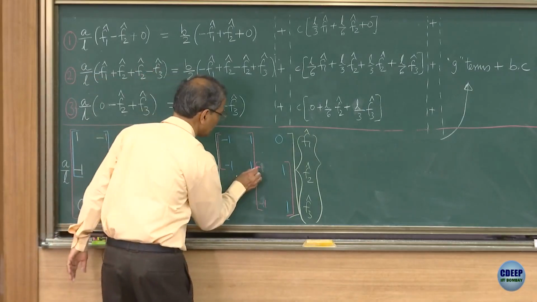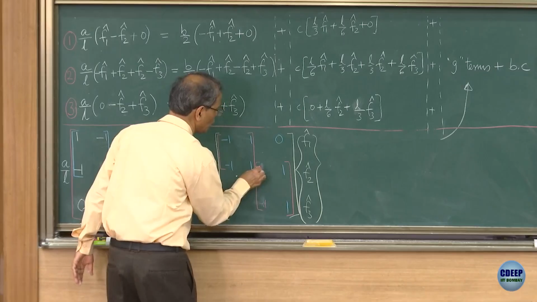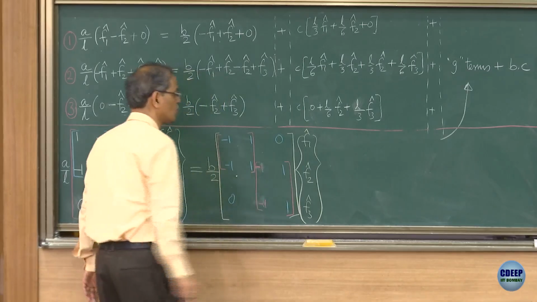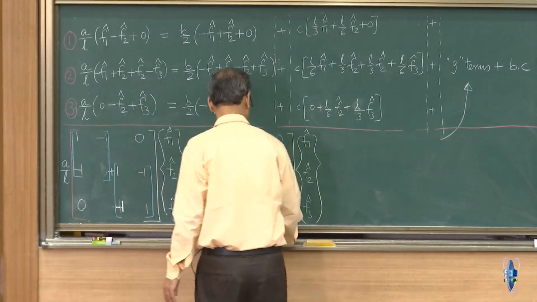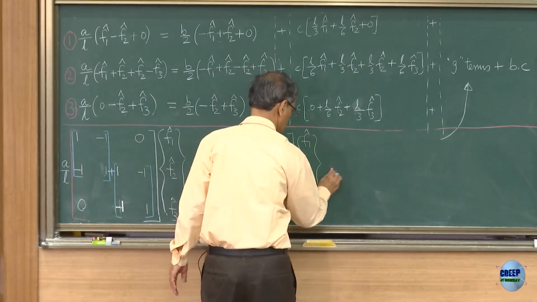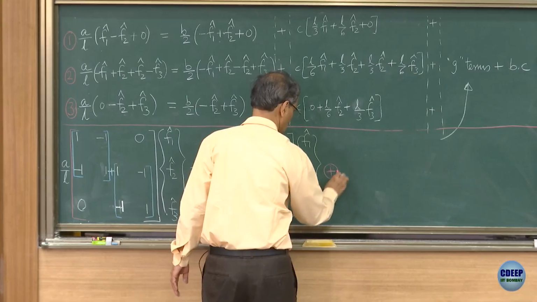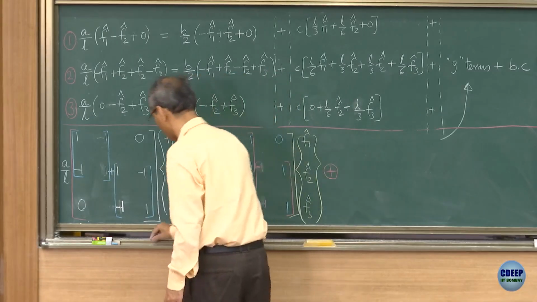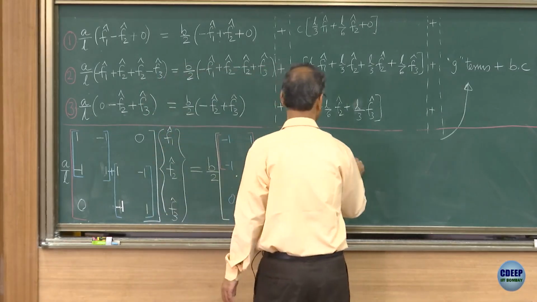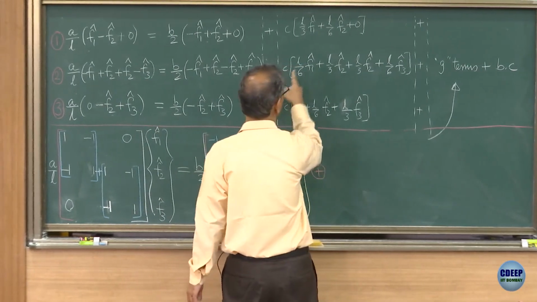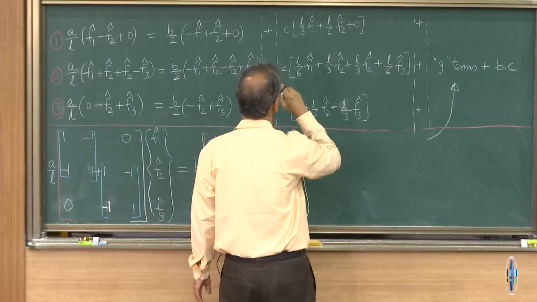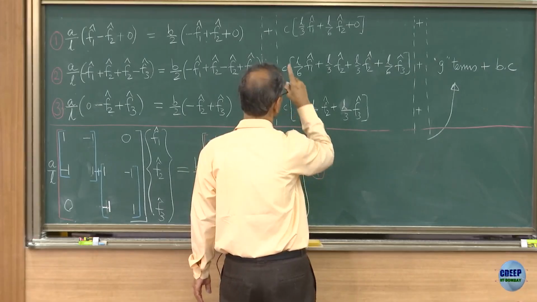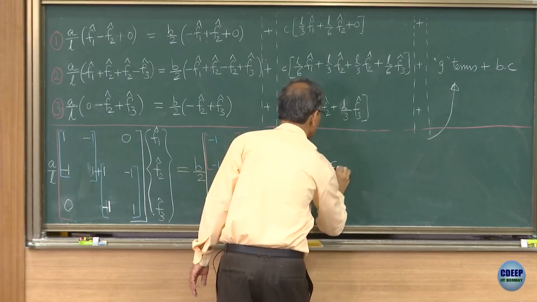Whatever be the final result, that's okay, but the pattern is what you have to see. Plus one more matrix, C times. So C, shall we take L by 6? Then it would be 2 times. Okay, CL by 6, I will take it out.